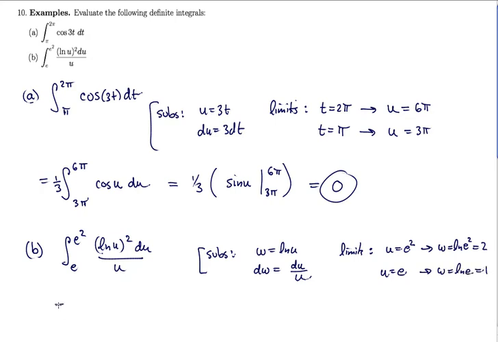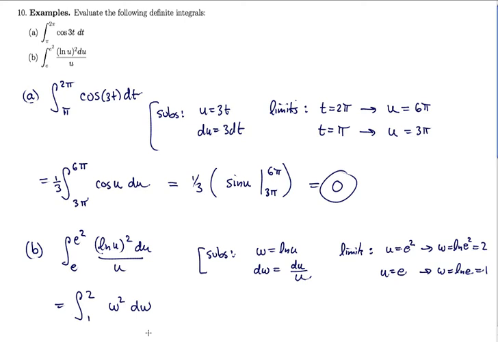So our new limits of integration are from 1 to 2 of 1 over, let's see, what is this? ln of u squared, so ln is now w, so this is w squared. du over u becomes just dw. So this integral is equivalent to the integral from 1 to 2 of w squared dw. And that's something we know how to work out.